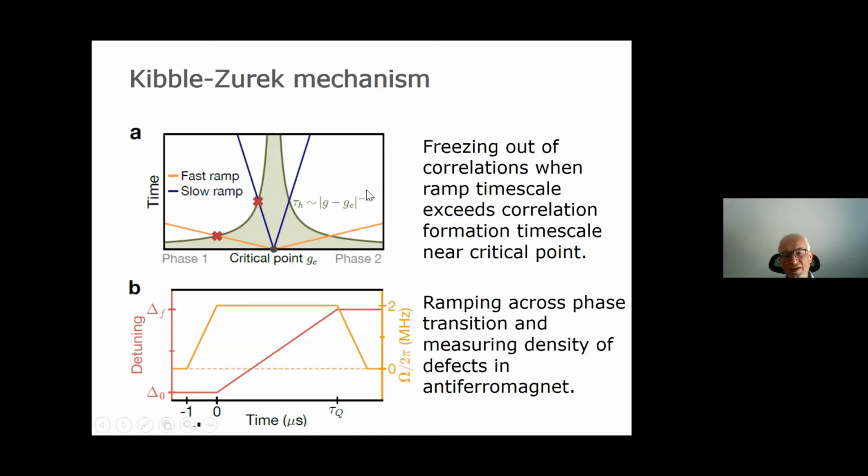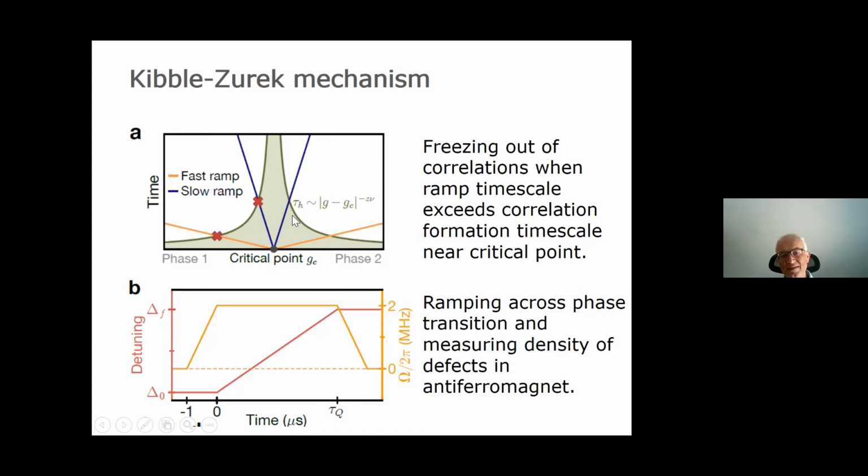This so-called Kibble-Zurek theory, which was developed originally in another context, applies also to these quantum phase transitions. Basically it relates the time that it needs to form the phase to the distance from the critical point. You have this critical point, and the g parameter for us is the tuning that we are ramping.